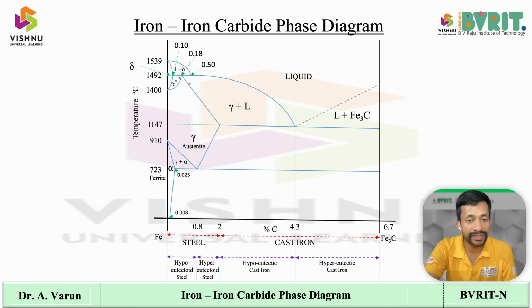Okay. So this is a very, very important thing which you need to understand. This is how we will try to correlate the relationship between carbon percentage and steel and cast iron, in terms of carbon percentage, where is the eutectoid and where is eutectic, and hypo and hyper.